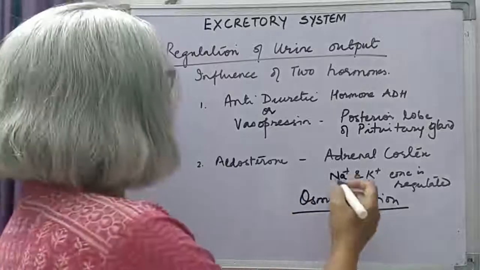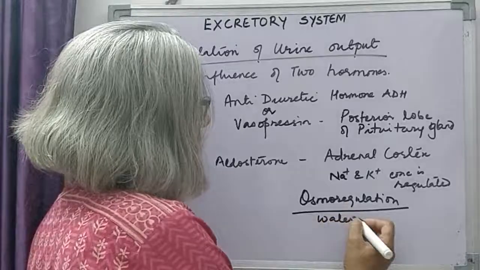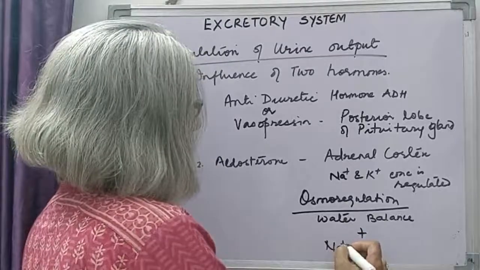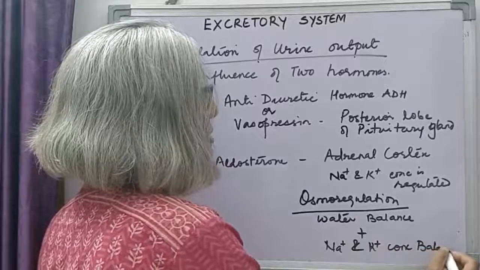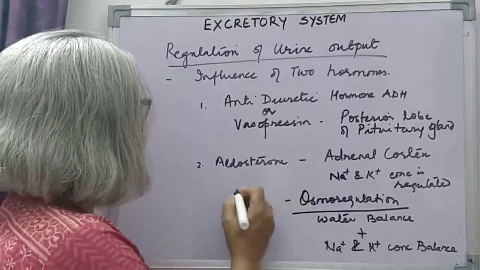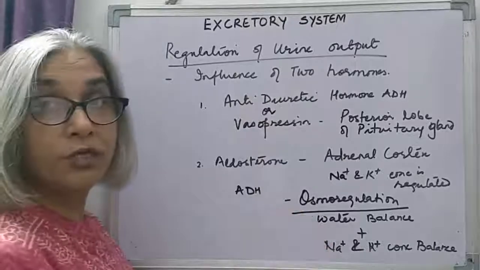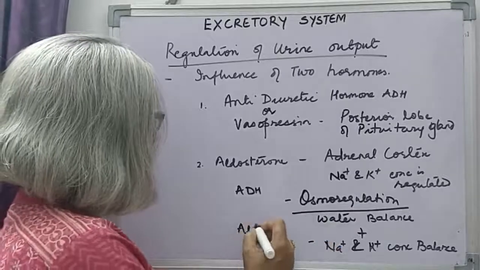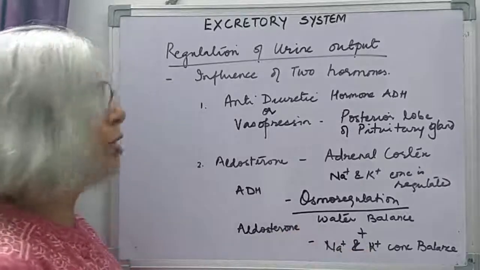So this is another function of kidney besides removal of the nitrogenous waste, which means that water balance and sodium and potassium ion concentration balance is maintained by the kidney under the influence of these two hormones. Antidiuretic hormone helps to regulate amount of water present, maintain balance of water, and aldosterone helps in maintaining balance of the electrolytes, sodium and potassium.